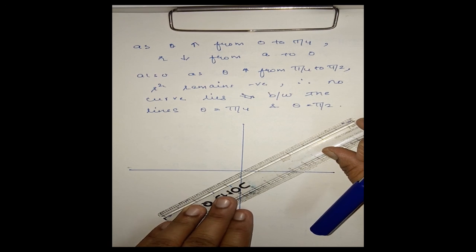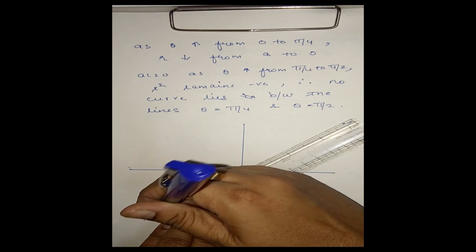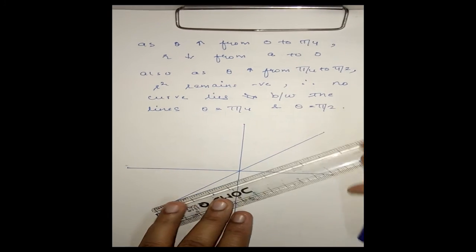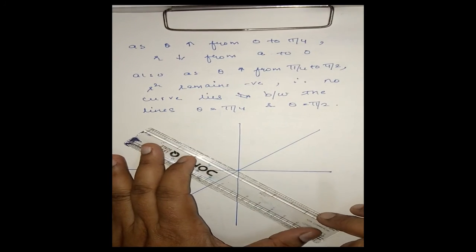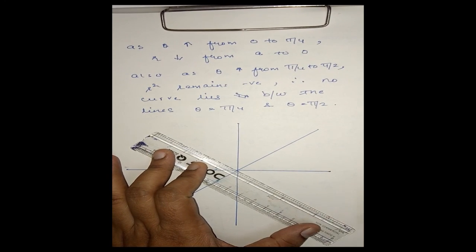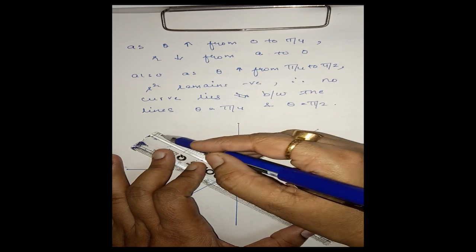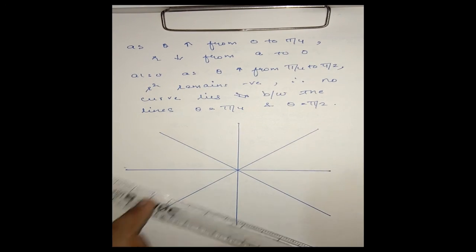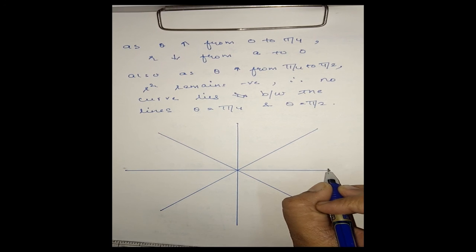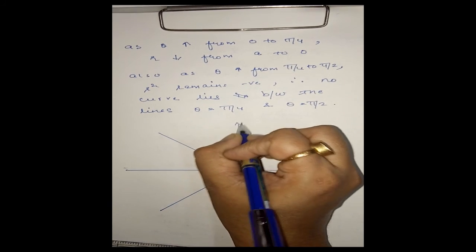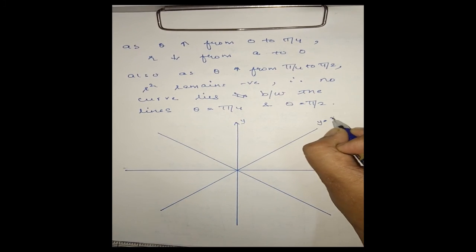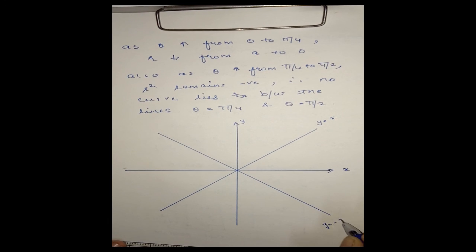This is the line y is equal to x, and this is the line y is equal to minus x. Both these are the tangents. Now this is my x-axis and y-axis. This is my y is equal to x line, and this is my y is equal to minus x line.